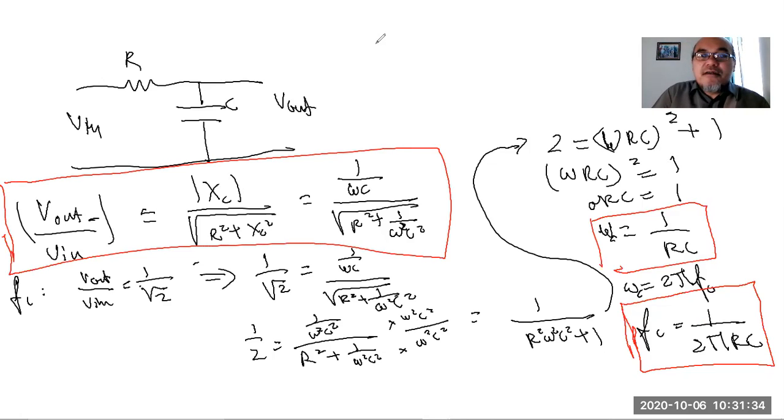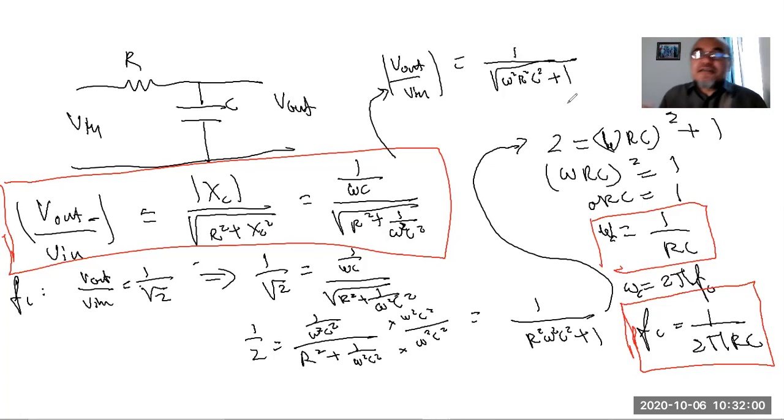If you multiply both numerator and denominator with omega C, V out divided by V in equals 1 over square root of omega square R square C square plus 1. This is the simplified transfer function of a low pass filter.